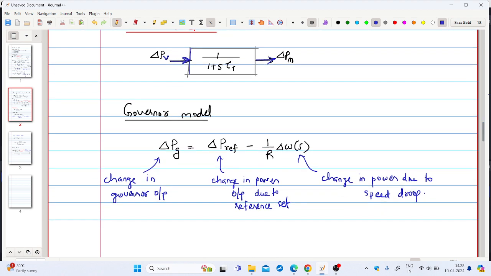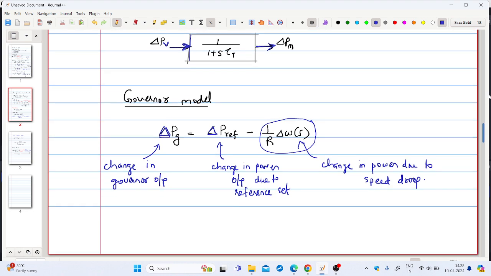Then coming to governor model, the change in power output of the governor delta PG is equal to the difference between two components, that is delta P ref, which is due to the change in set power of the governor, and change in power due to frequency speed drop, delta omega by R. This also we saw in the previous lecture.